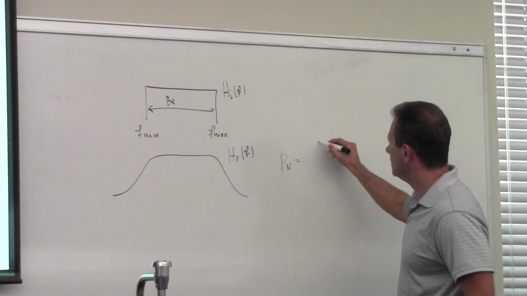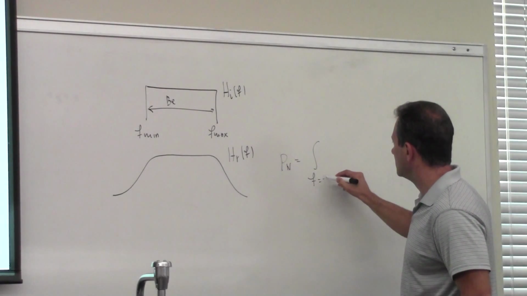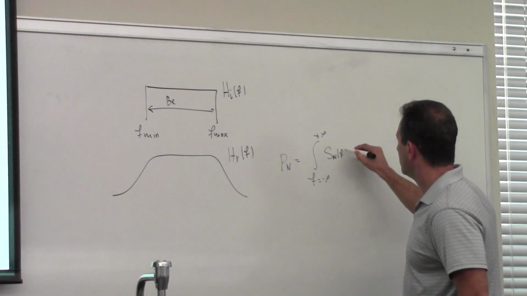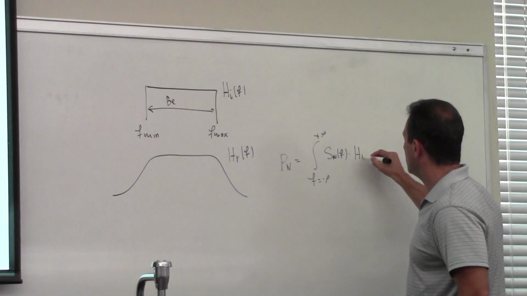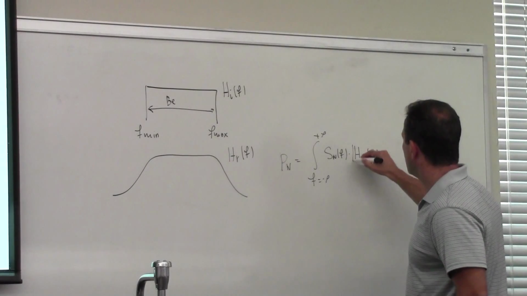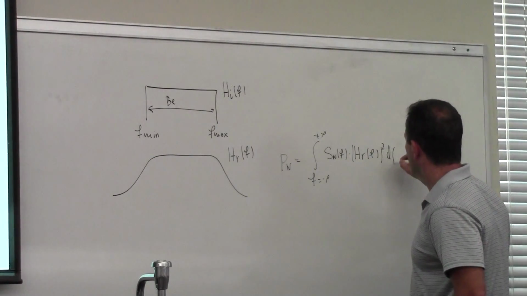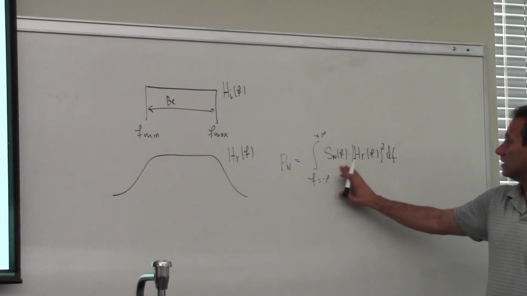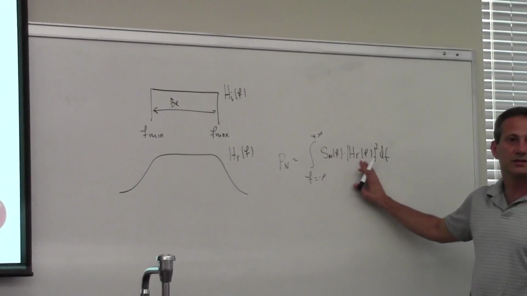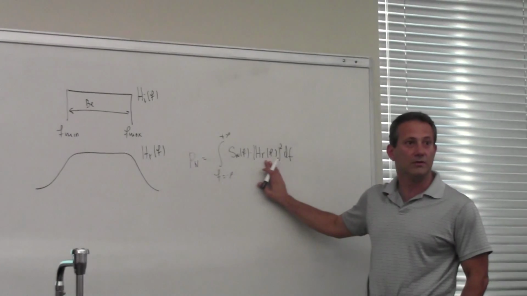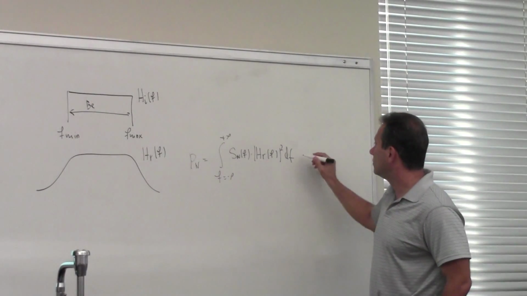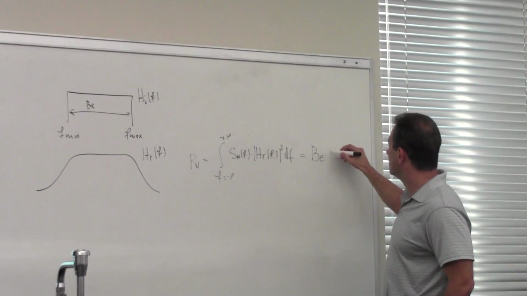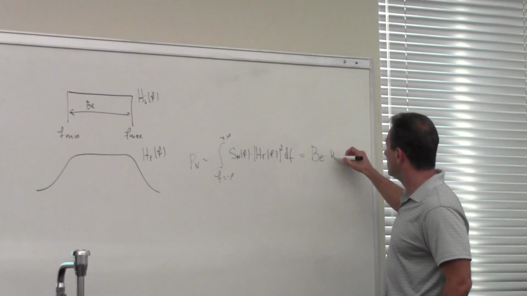The power of the noise would be the integral, let's say f goes from minus infinity to plus infinity, of Sn of f, H real of f magnitude squared, df. That's the power of the noise that enters the system. You integrate power spectral density times the magnitude square of the front-end filter. Well, you want this to be equal to B equivalent times the power spectral density KT.